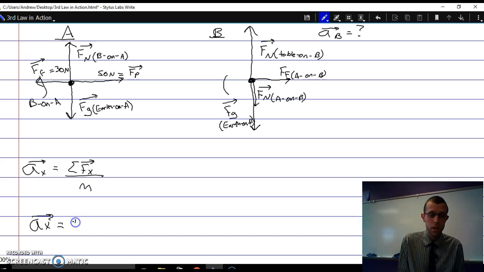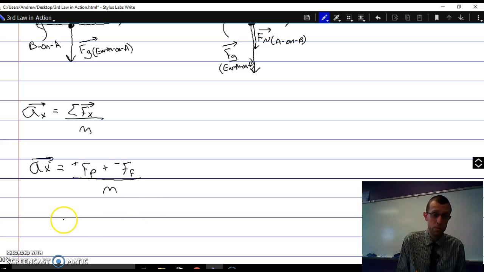I'll say to the right is positive, so positive Fp, plus a 30 Newton force to the left, that's a negative, so a negative Ff, divided by the mass. And so then we have numbers for all of those.